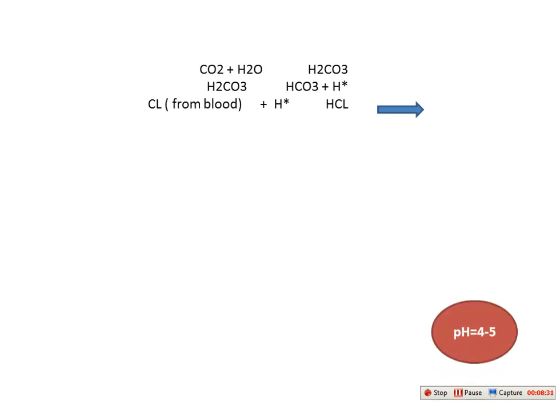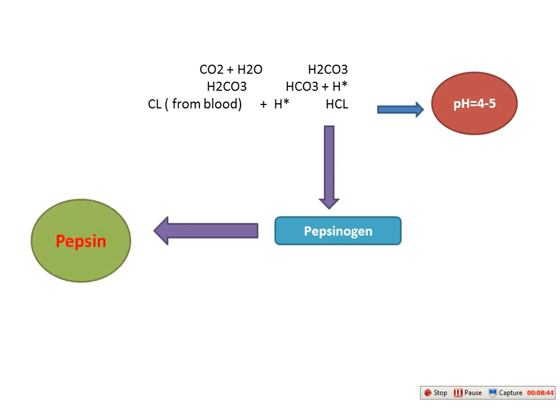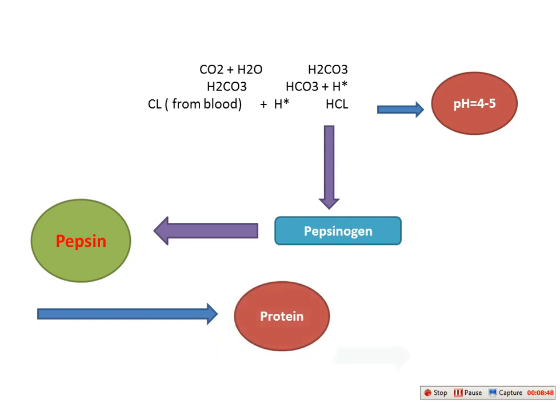Now we also have another stage of digestion which occurs in the duodenum, but before that we want to see this equation: the hydrochloric acid changes pepsinogen to the enzyme pepsin, and this pepsin acts to degrade protein into its primary materials, which are the amino acids.